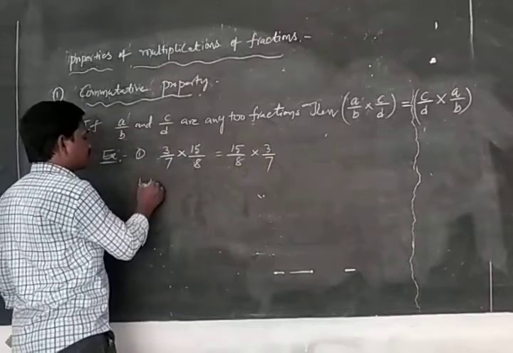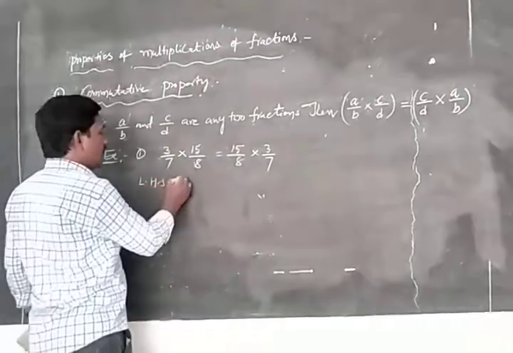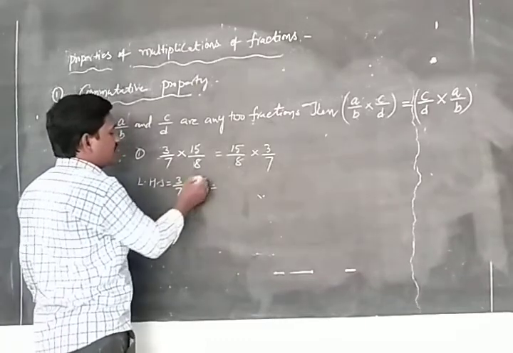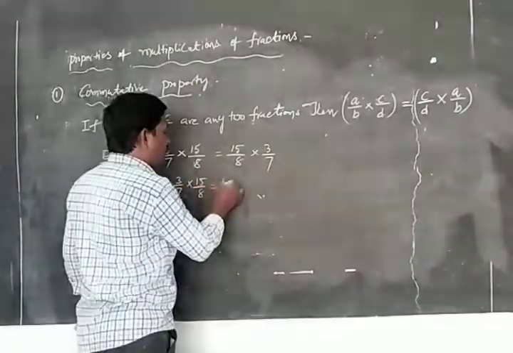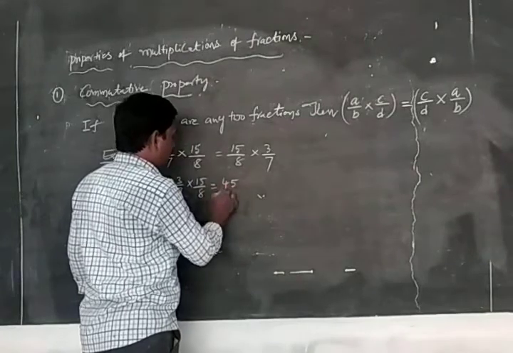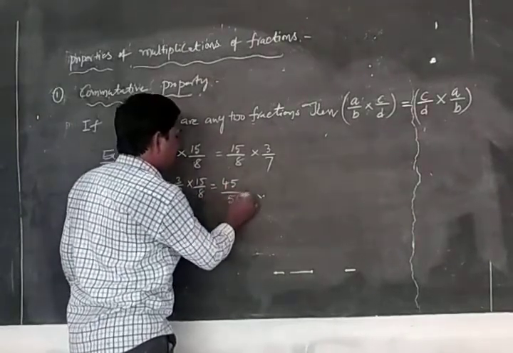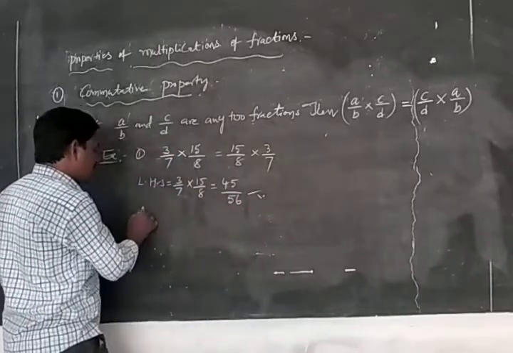LHS: 3 by 7 into 15 by 8. 3 sevens, 3 15s are 45, by 7 into 8, 56. This is LHS.